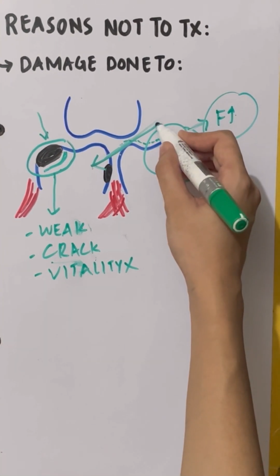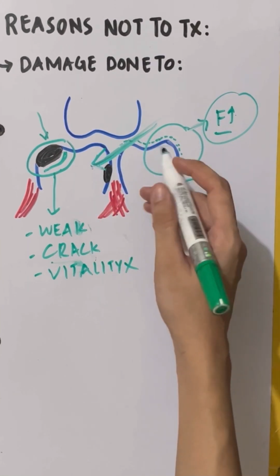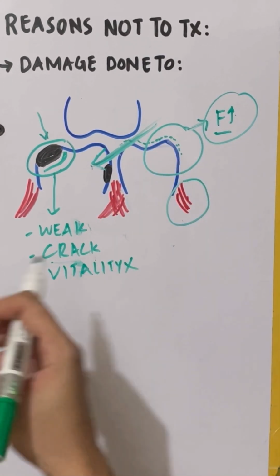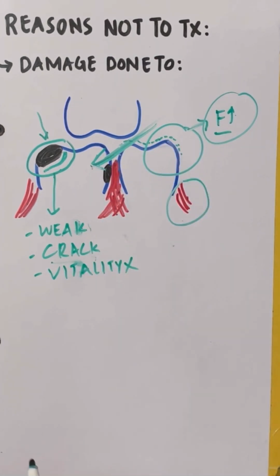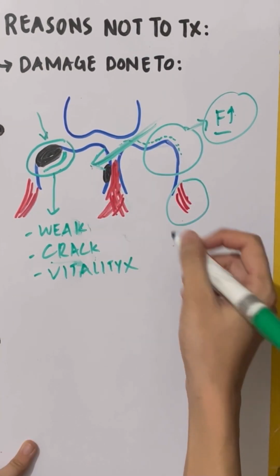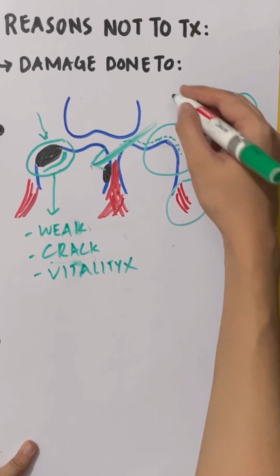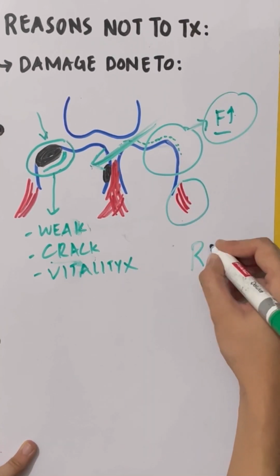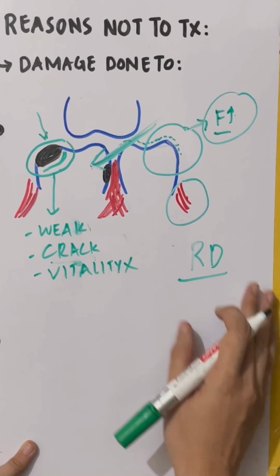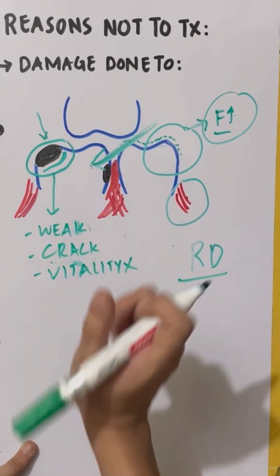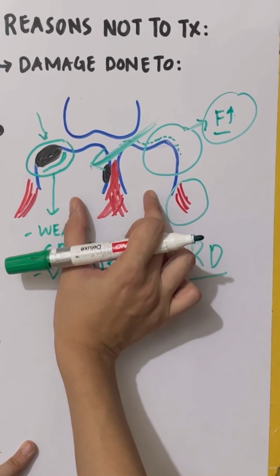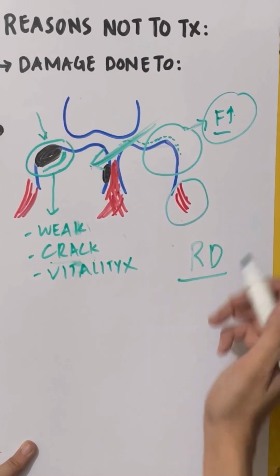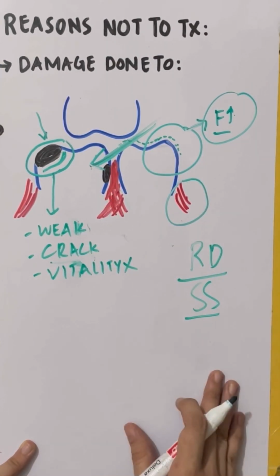If we are removing the same approximal lesion, we will also come across the interdental papilla present here. This will also get affected. So how will we prevent affecting the interdental papilla? By using a rubber dam. We can also avoid damage to the PDL as well as the adjacent tooth by placing a stainless steel crown.